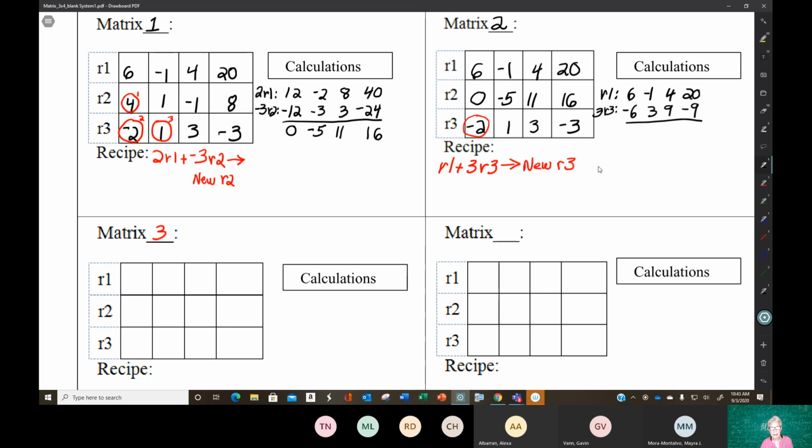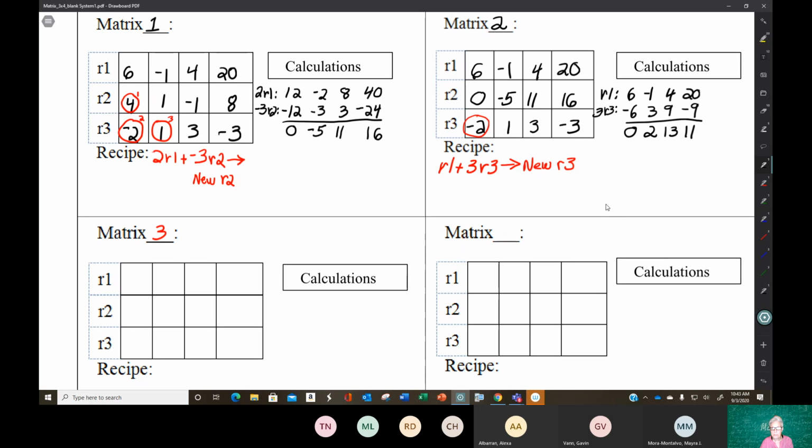And now I add 6 plus negative 6, or 6 minus 6, is 0. Negative 1 plus 3 is positive 2. 4 plus 9 is 13. And 20 minus 9 is 11.